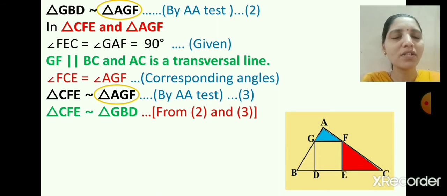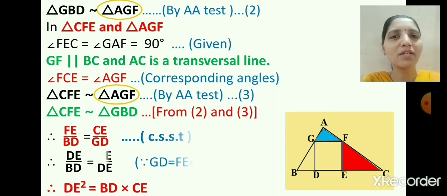Now the reason you will write as from equations 2 and 3. Therefore, if the two triangles are similar, we can write their corresponding sides in proportion. Therefore, FE upon BD is equal to CE upon GD. Write this reason as corresponding sides of similar triangles.